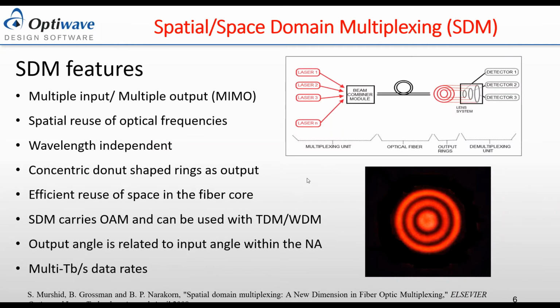The motivation for this particular technique comes from some earlier work that we did, called space division multiplexing, or spatial domain multiplexing, which is a MIMO architecture, multiple input, multiple output. What it allowed us to do was to have multiple lasers of exactly the same wavelength launch into a fiber at different angles.